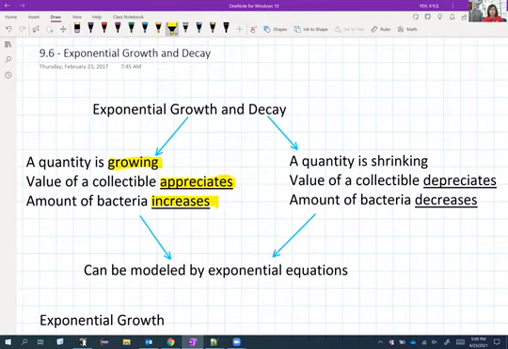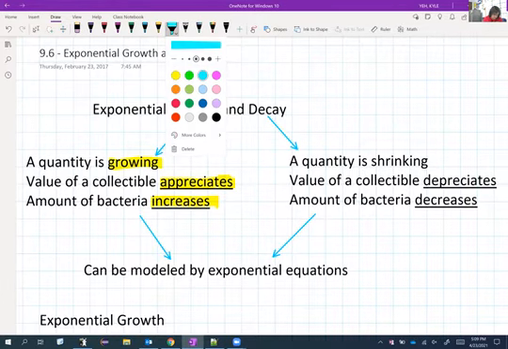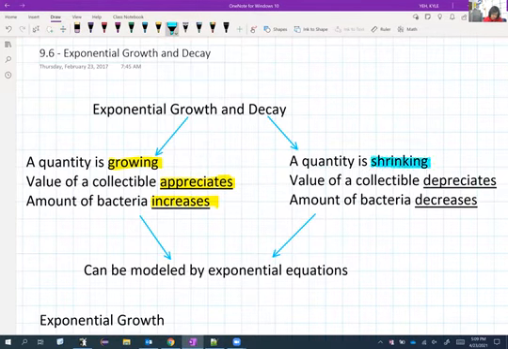No. But those are all keywords you should be on the lookout for, anything that makes it sound like a quantity is growing. Versus a quantity is shrinking. Value of a collectible depreciates, means it goes down. Amount of bacteria decreases. That would be decay. We've kind of already seen and talked about growth and decay. Now we're just going to be analyzing and pulling these words from word problems to know what kind of equations we should use.